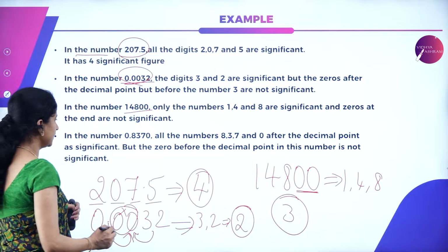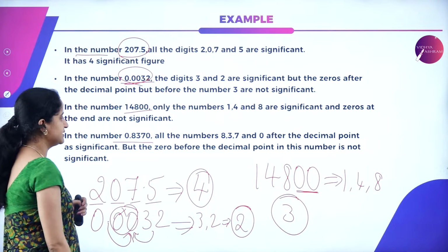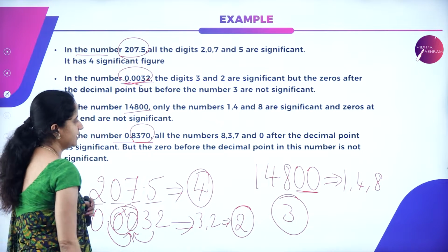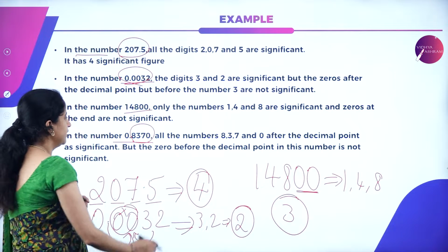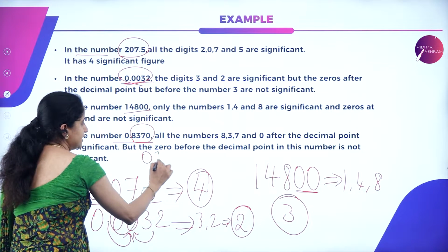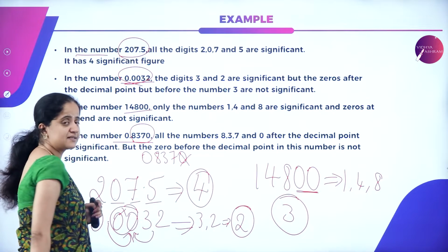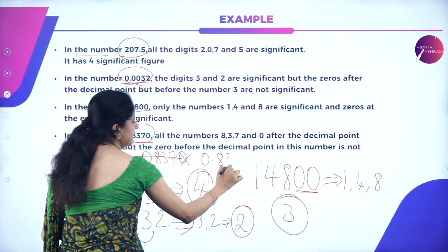And next, in the number 0.8370, all the digits, that is 8, 3, 7 and 0 after the decimal point, are significant, because if there is no decimal point, 08370, then this 0 is also considered as insignificant, but we have 0.8370.